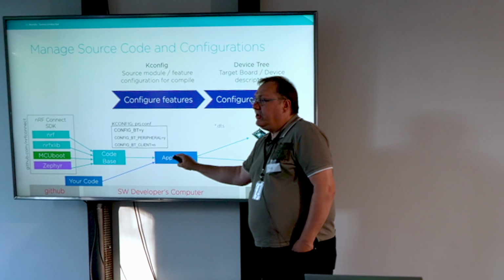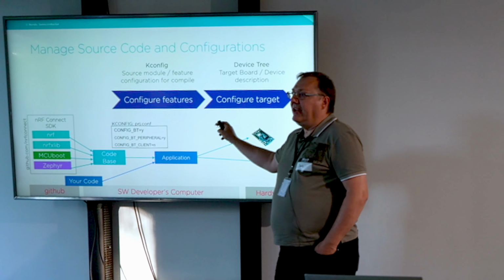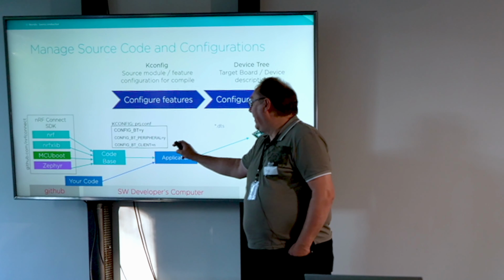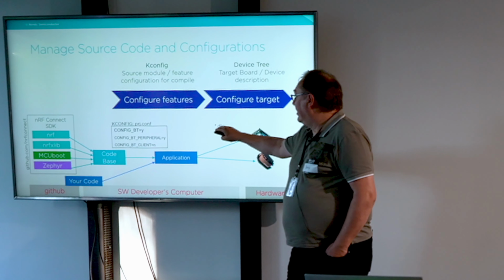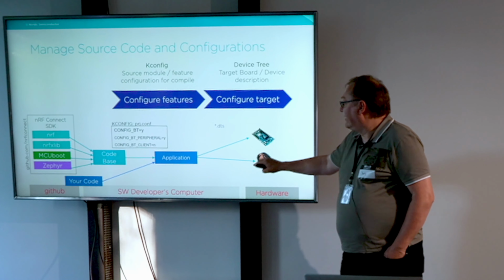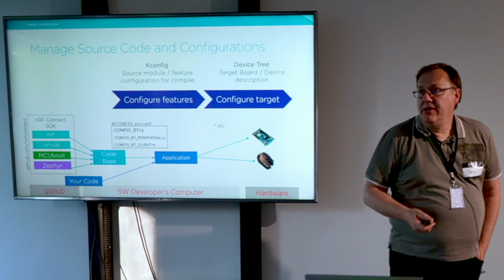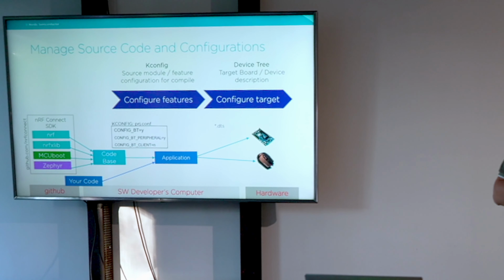In the source code, you access this DTS file and read out the settings. And by just changing the DTS file, you can run the same code without any changes on one board or the other board. And that's the idea here.